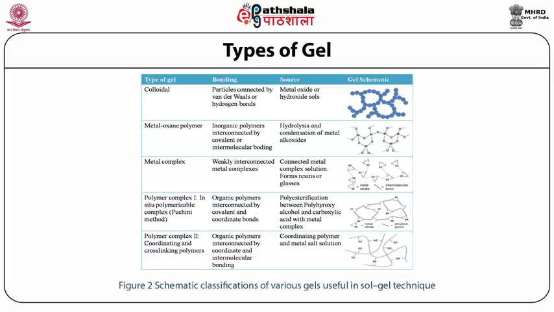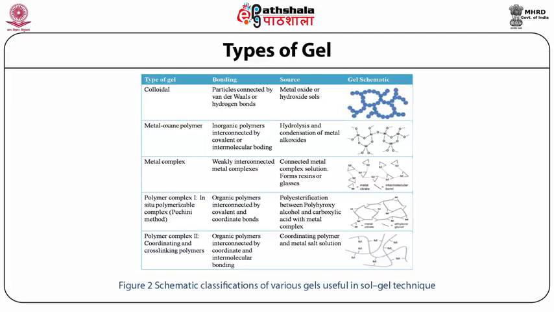For the metal complex, they are weakly interconnected metal complexes. The source is the concentrated metal complex solution, which forms resins or glasses and can be seen in the figure. Then the polymer complex 1 is the type of gel where an in situ polymerizable complex is formed.